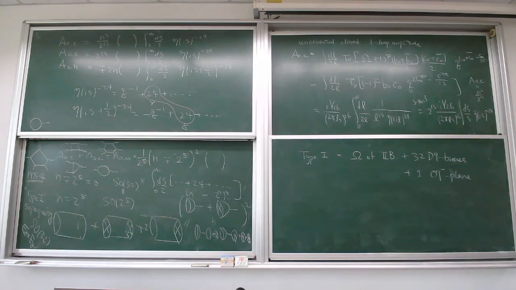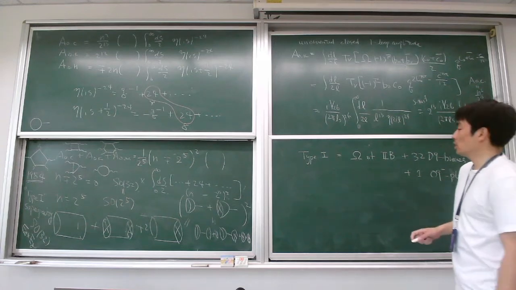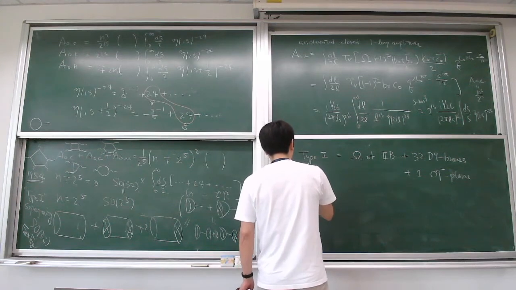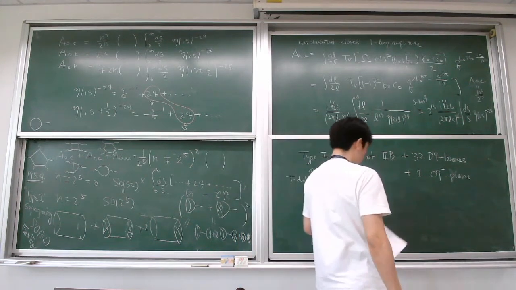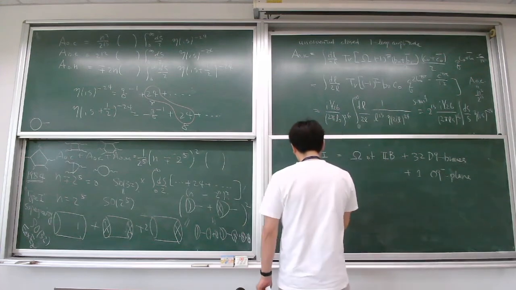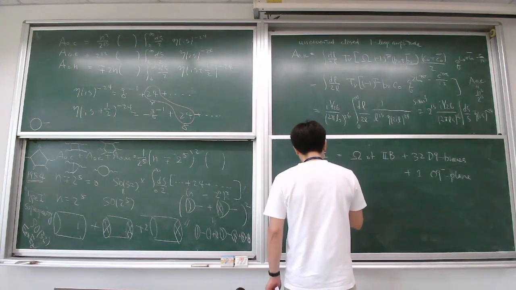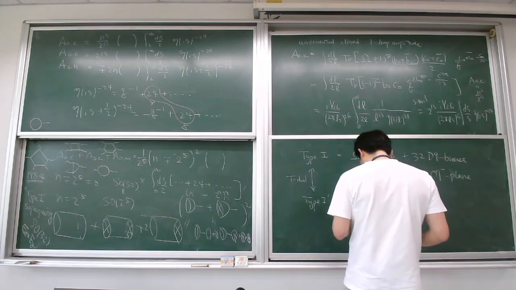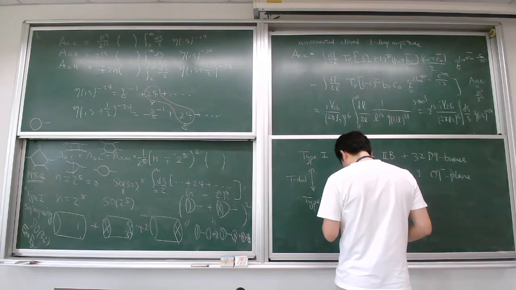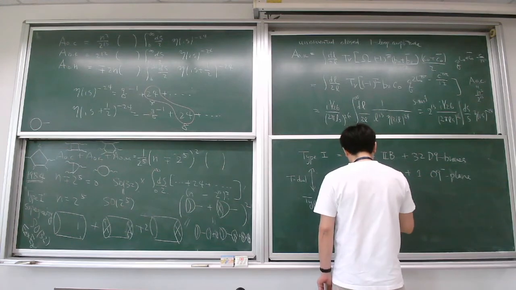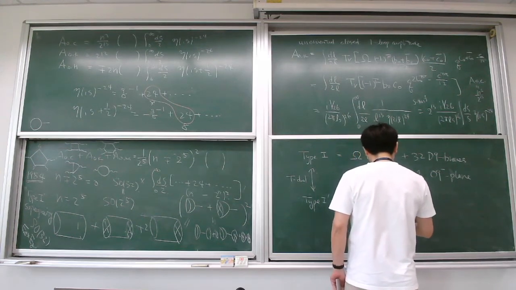Okay, so that's the upshot. And one can consider, so it's going to be very important, the teleology of this theory. Now, let's consider the teleology of this theory. That's called type 1 prime, which is indeed type 2A on S1 over Z2.